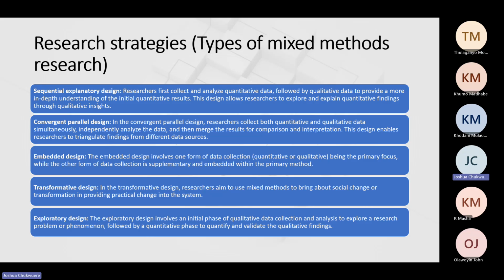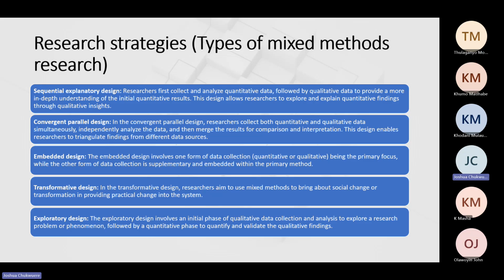And for that to happen, there is what is called sequential explanatory design. Researchers first collect and analyze quantitative, and then follow up with qualitative data. Now you have collected your quantitative research and analyzed it, and after that you need more understanding about whatever you have found in your quantitative results.